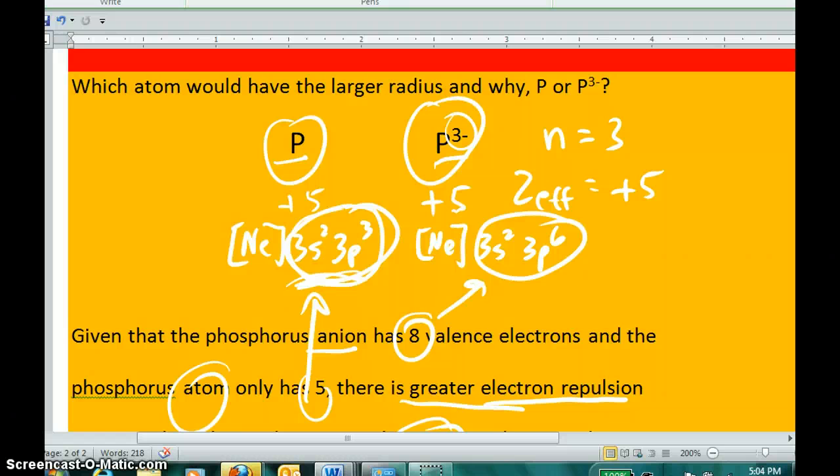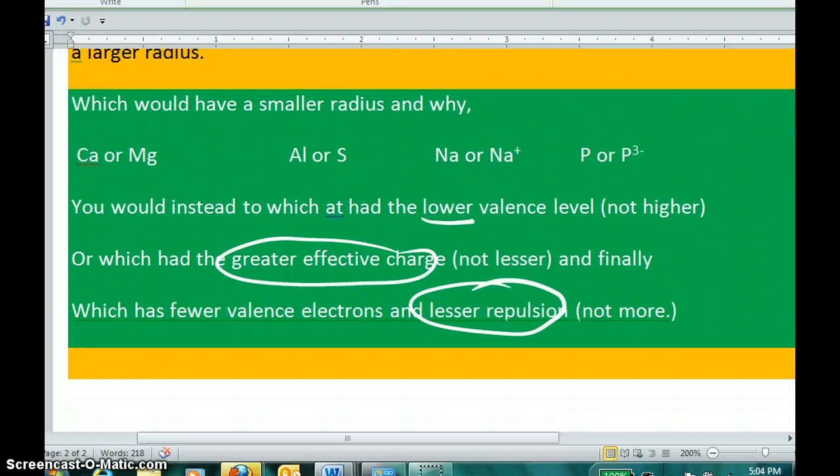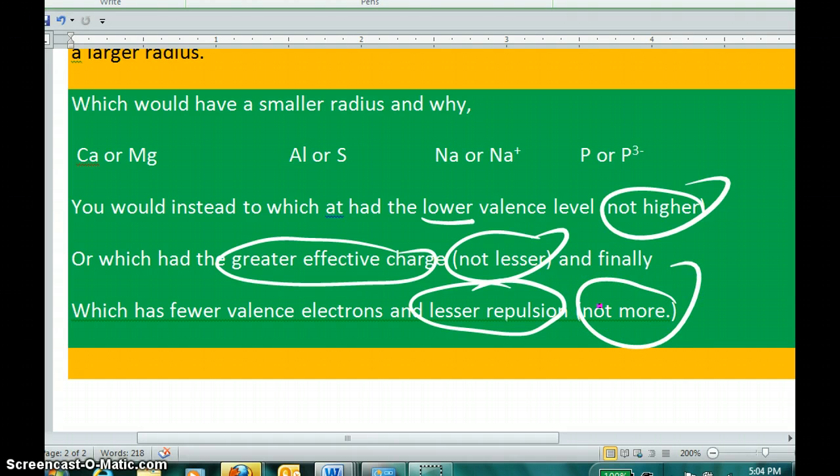So don't give what I like to call antithetical arguments. If you're asked larger radius and why, think higher valence level, or think less effective charge, or think more valence electrons and more repulsion amongst them.